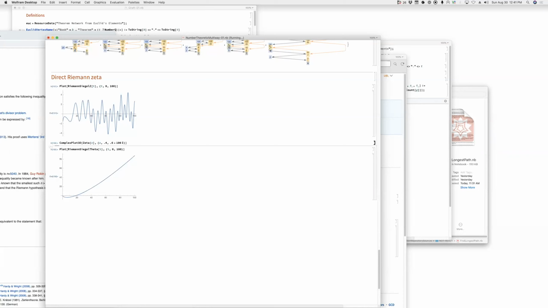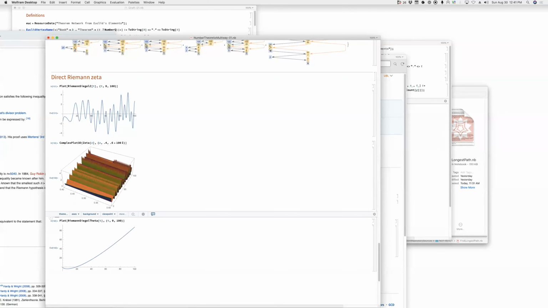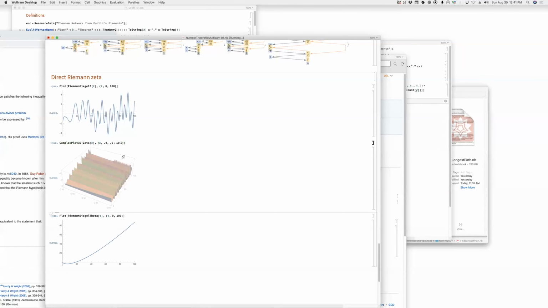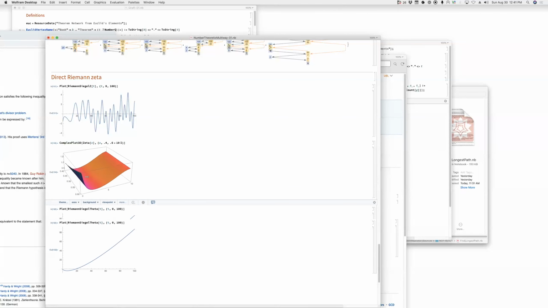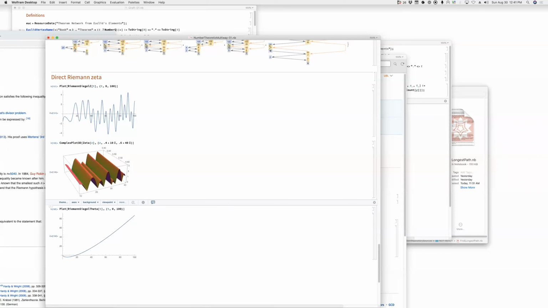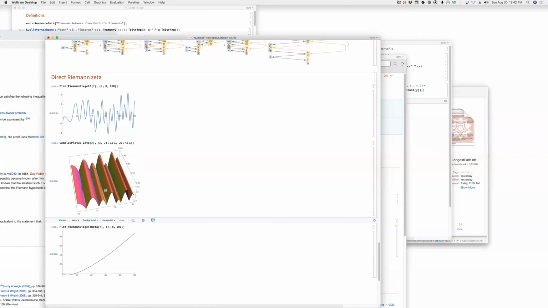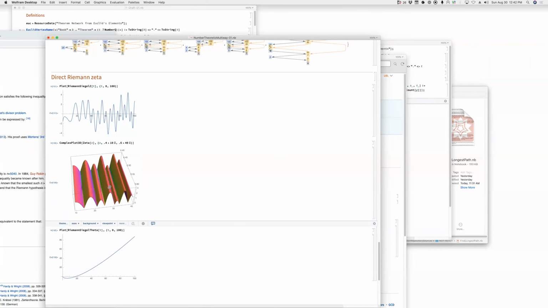So I'm claiming that if this ever returns, oh God, let's just do 10. Oh, what are we seeing here? So that should be, oh, I see, that's the problem with that. Okay, so 10i plus 40i. Okay, so that claims to be the zeta function. I don't understand this now.